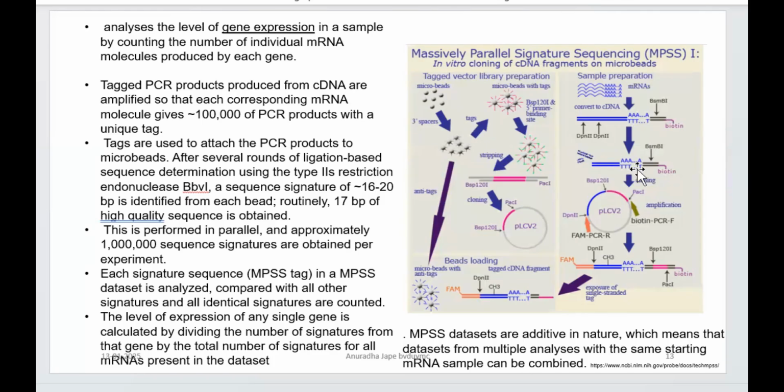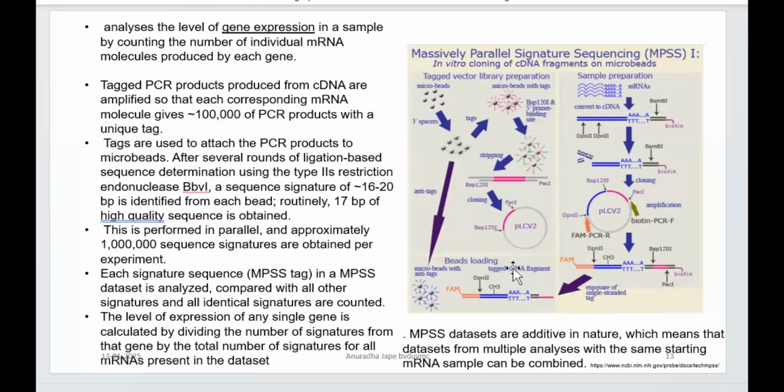Now here you are going to see the sequence. These are the end parts of it. Then the biotinylated sequence, you can call it that because you have added biotin to this. Now this sequence is ready to get cloned into a plasmid. Here pCV2 is the example taken into which you have cloned this particular fragment. And now this sequence is going to be sequenced, for which you have to tag the beads.